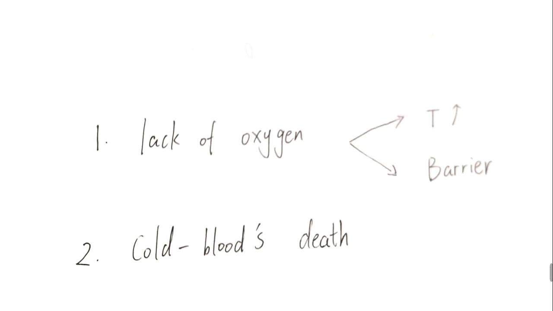So it forms a barrier, which is a bad cycle that hinders the oxygen from dissolving into the water. Also, because of the increasing temperature, many cold-blooded animals in the water cannot adapt in a short time. It will cause their death.